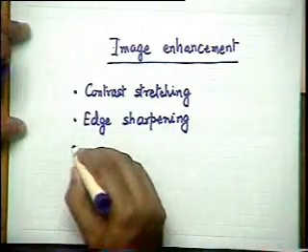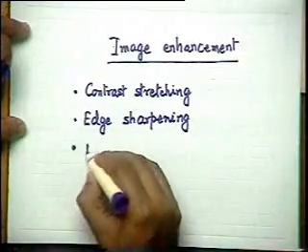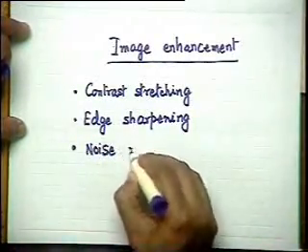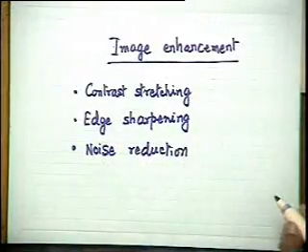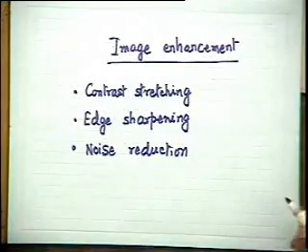The third requirement could be, as I told in the beginning itself, noise reduction. Just like the case of any one-dimensional time-varying signals which you must have studied already, we cannot completely eliminate noise, but by applying some filtering technique we can reduce the amount of noise present in the signal.